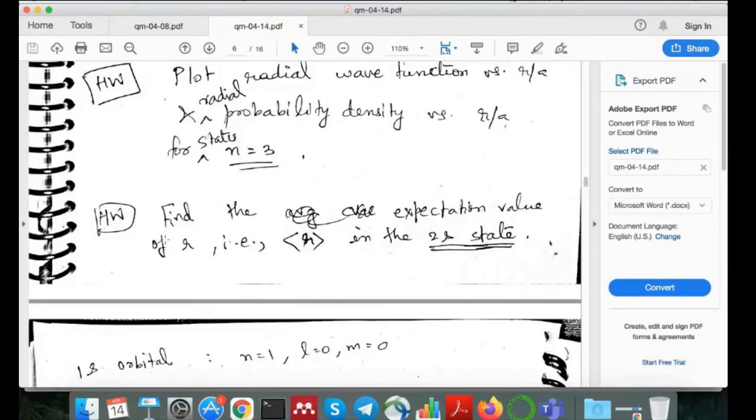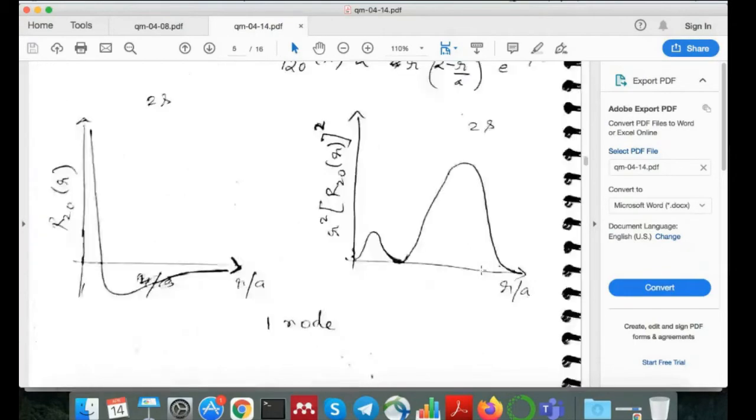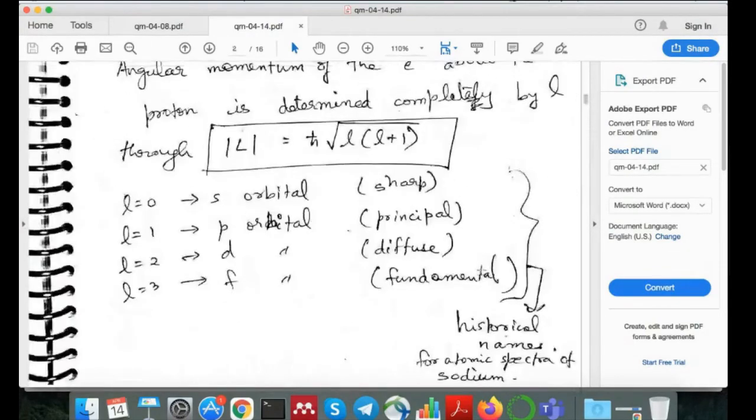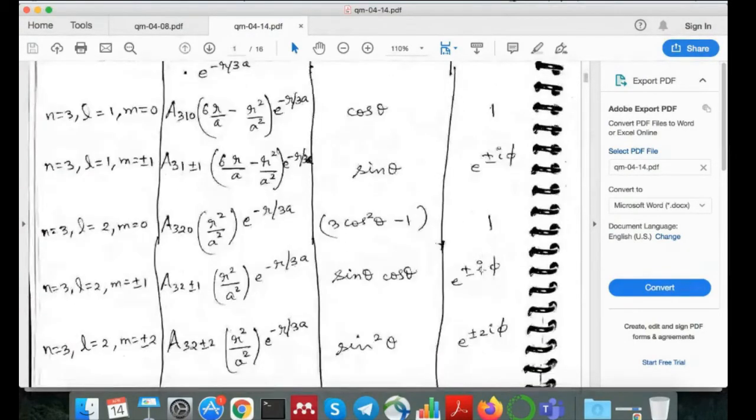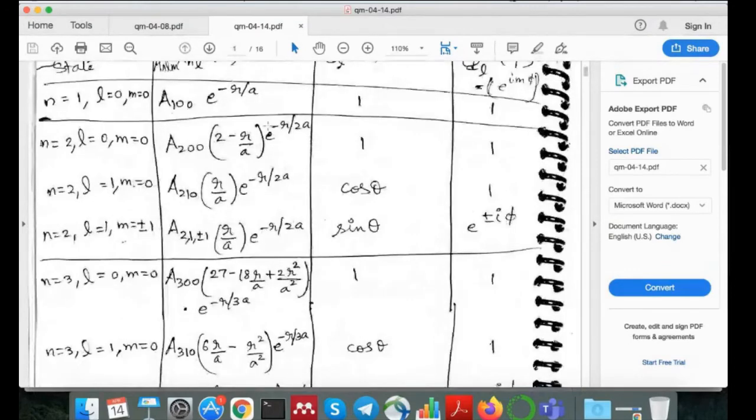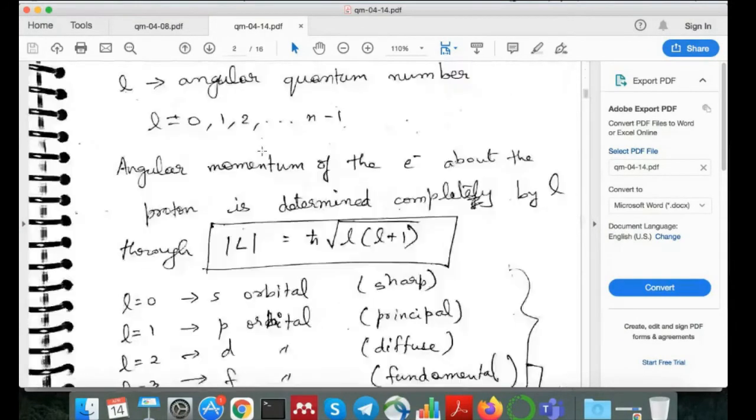You need to find the expectation value of R in the 2s state. For the 2s state, you have to go back and look at the wave function, which is given for you over here. 2s means this is the wave function. Using this wave function, you have to find the expectation value. It is as simple as that.